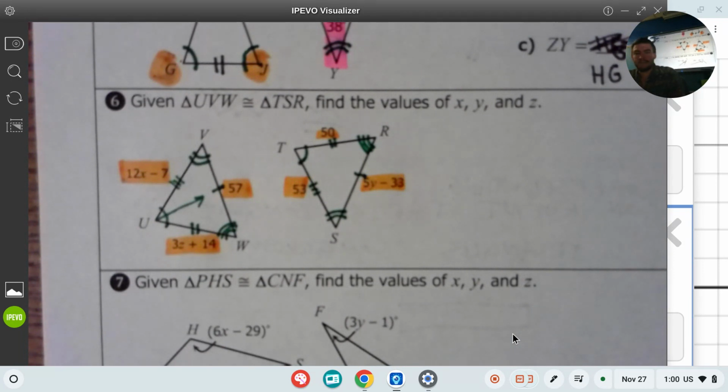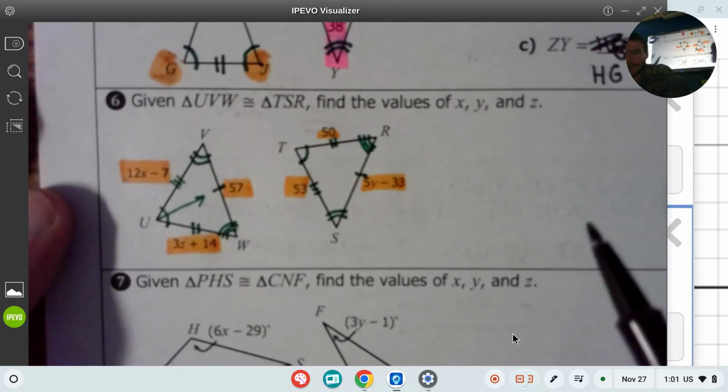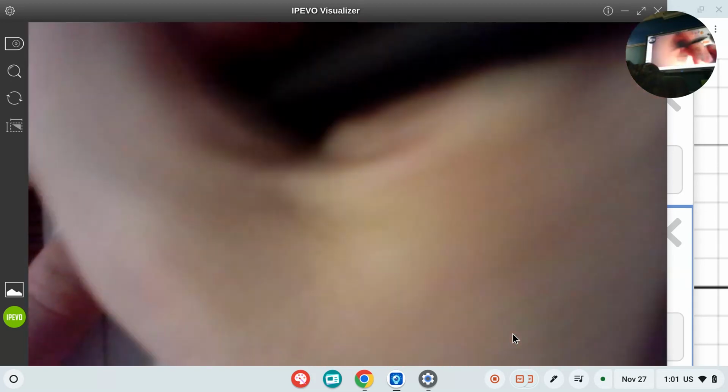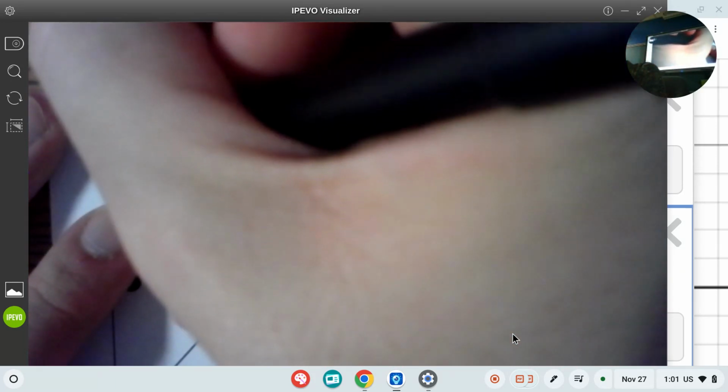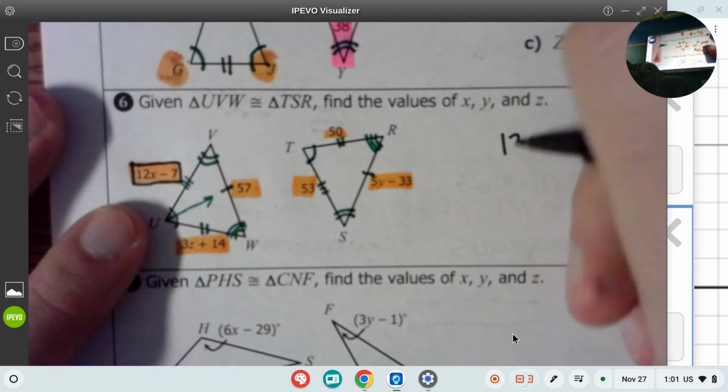So are we talking about angles here? Definitely not. We know that all the angles add up to make 180, but we're not talking about angles. These all have to do with sides. So how are we going to set this up to solve these questions? It's really pretty straightforward. You're going to look at this piece here, which is 12x minus 7.